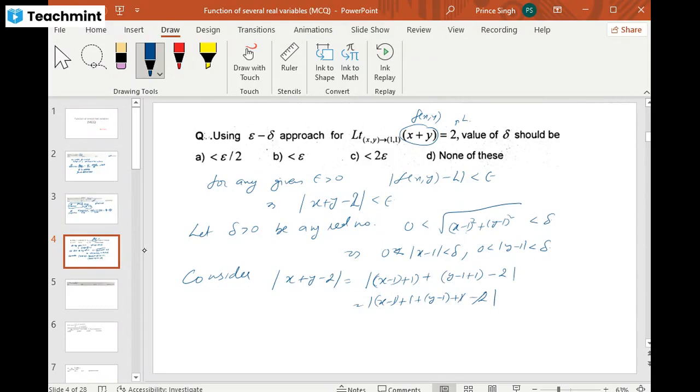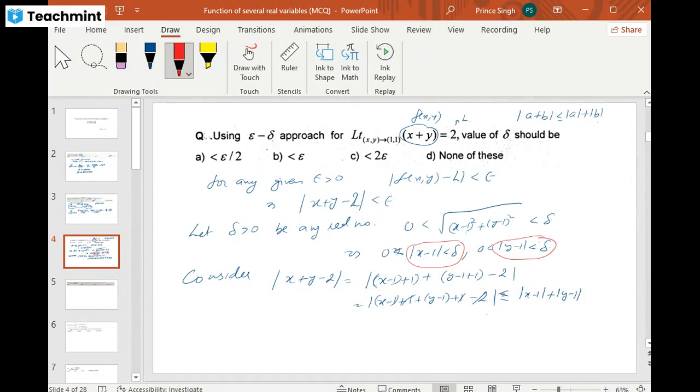So this 2 gets cancelled out, and we have a property that mod of a plus b is less than or equal to mod of a plus mod of b. If we use this, this is less than or equal to mod of x minus 1 plus mod of y minus 1. But mod of x minus 1 is less than delta, and mod of y minus 1 is also less than delta.